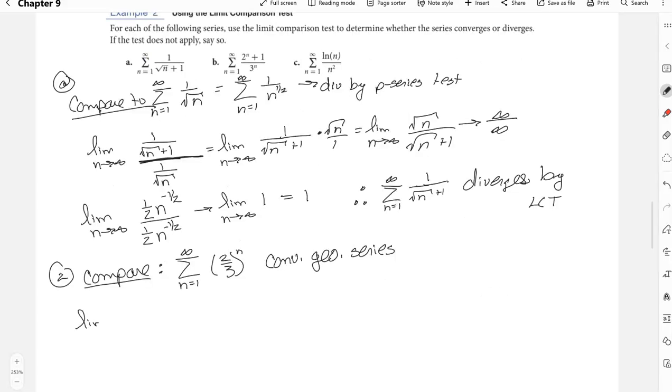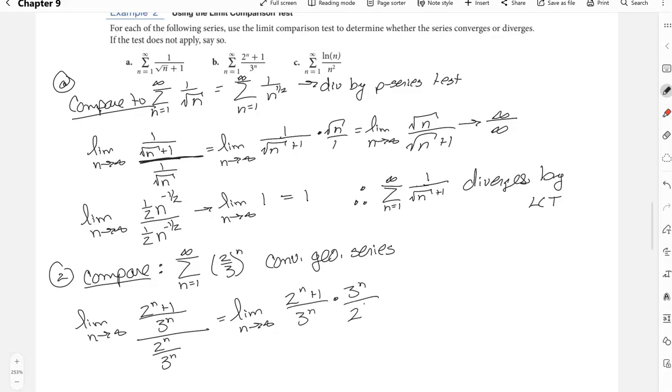So let's use our limit comparison. We're going to take the limit as n goes to infinity. I'm going to use that original sequence, 2 to the n plus 1 over 3 to the n, and I'm dividing it by 2 to the n over 3 to the n. I'm going to do keep, change, flip. Keep that first fraction, change it to multiplication, flip the second.